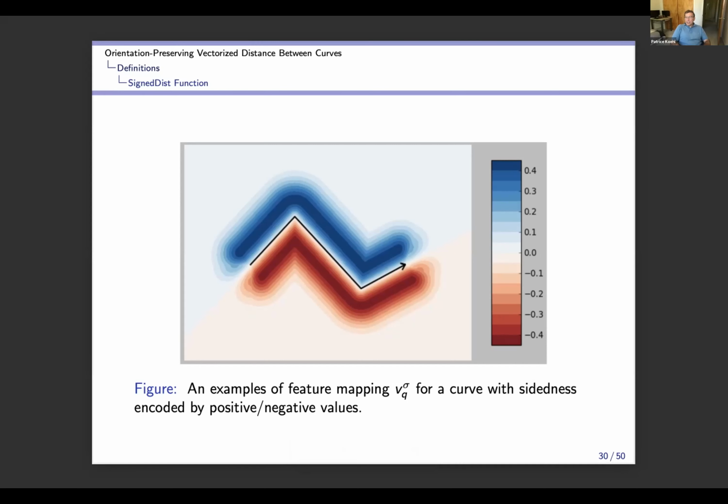Okay. Thank you. Any other quick question? I do have one. In practice, how do you choose the width of your Gaussian, the sigma?